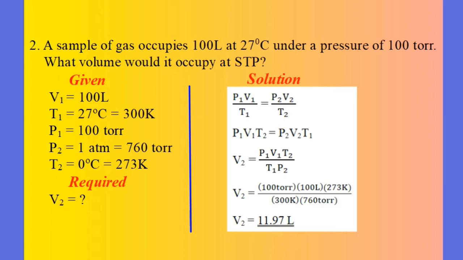But we should convert the final pressure P2 into torr, because the initial pressure P1 and the final pressure P2 must be expressed in the same unit. And the required quantity of this example is V2.